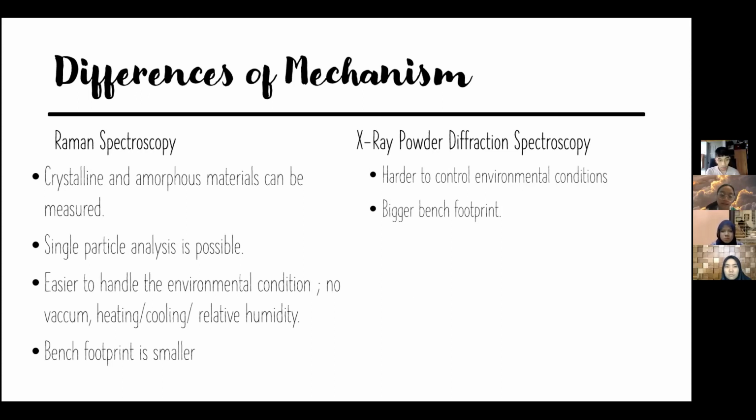It is easier to handle the environment conditions just like before, but X-ray powder diffraction spectroscopy is harder to control. The bench footprint is smaller compared to X-ray powder diffraction, which is bigger.